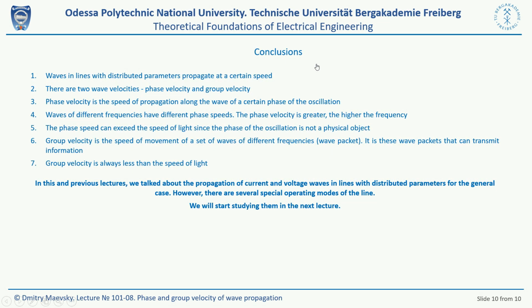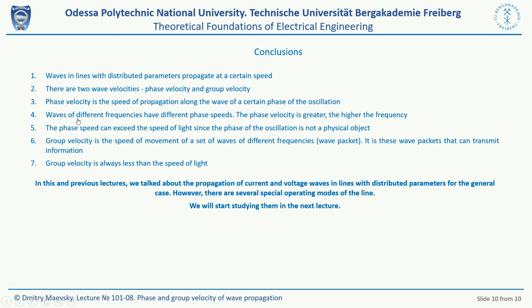Our lecture has come to an end. Let's summarize what we learned. Firstly, waves in lines with distributed parameters propagate with a certain speed. There are two wave speeds, phase velocity and group velocity. Phase velocity is the speed of propagation along the wave of a certain phase of the oscillation.